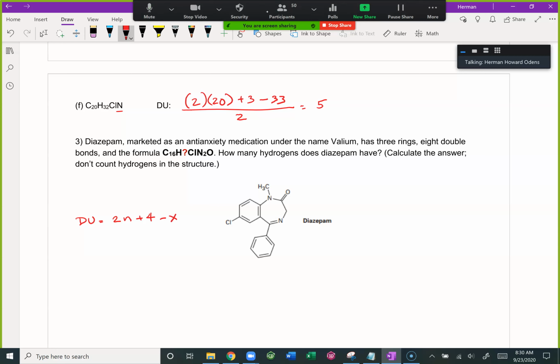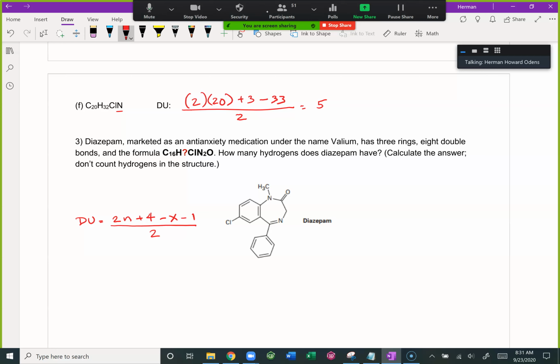Minus x, and notice that I'm going to subtract 1. Why am I subtracting 1? Because of the chlorine? Exactly, because of the chlorine. I'm not interested in the total amount of X, I'm interested in the total amount of hydrogens. So the X's include a chlorine, so we have to subtract that one. Divide all that by 2.